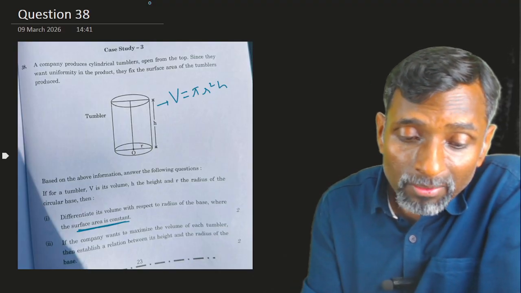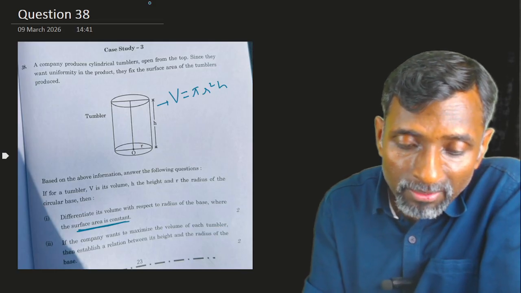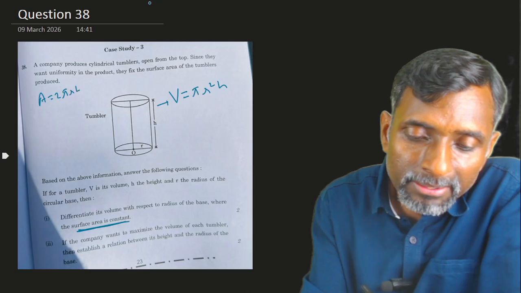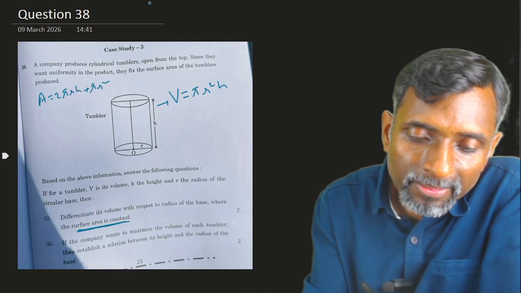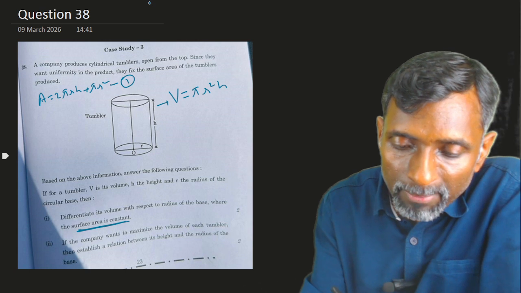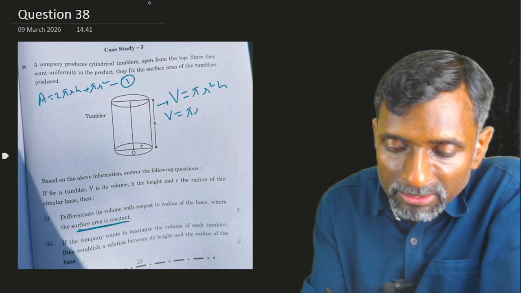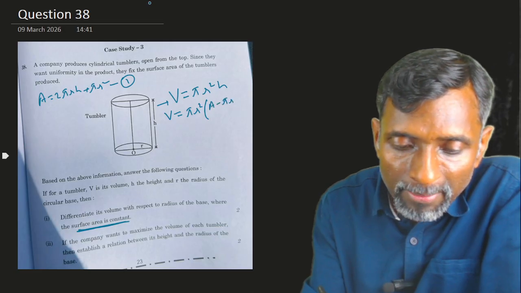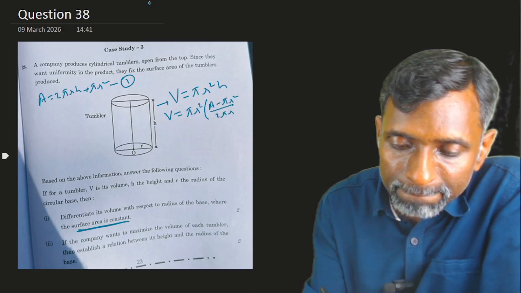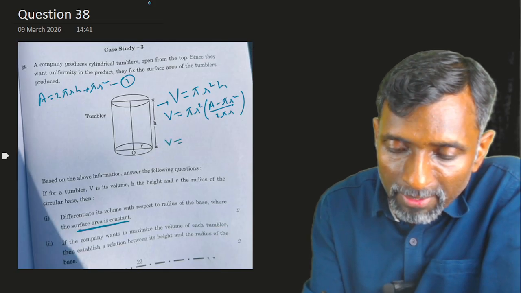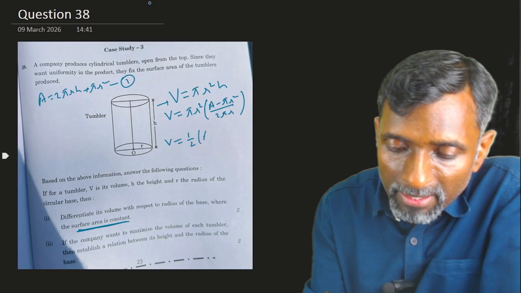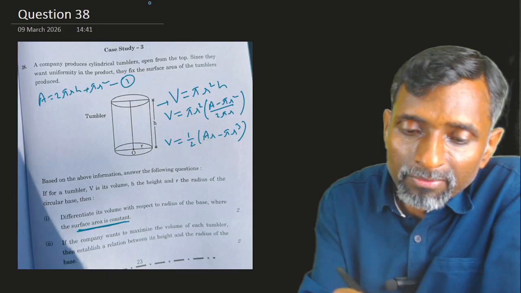When it is open at the top, the surface area will be 2 pi rh plus pi r square. This is equation 1. So we can put this equation here, volume is equal to pi r square multiply, what should be h? It is A minus pi r square divided by 2 pi r. So volume can be written as pi r cancel, it is 1 by 2 multiply Ar minus pi r cube. This is the volume.